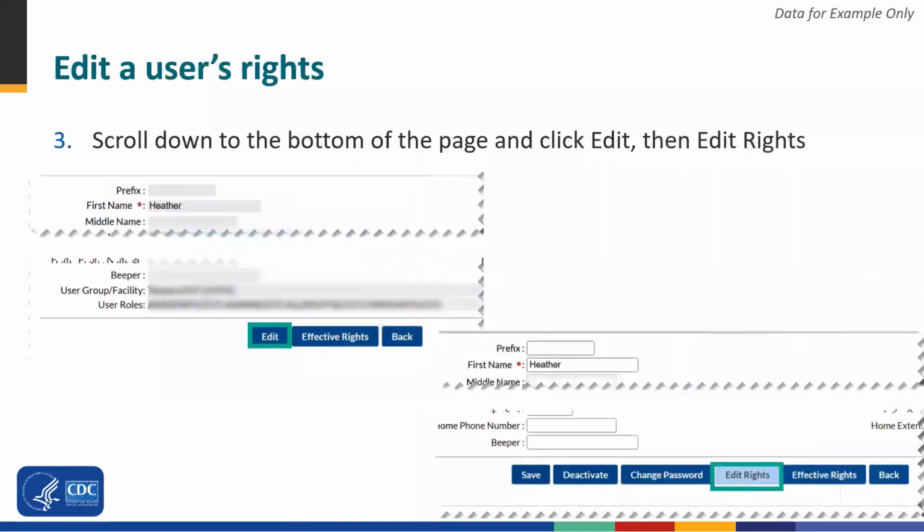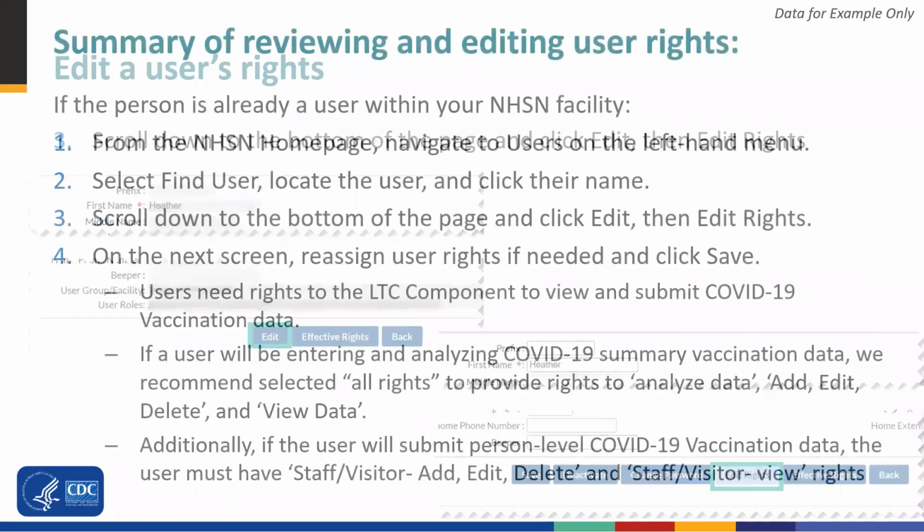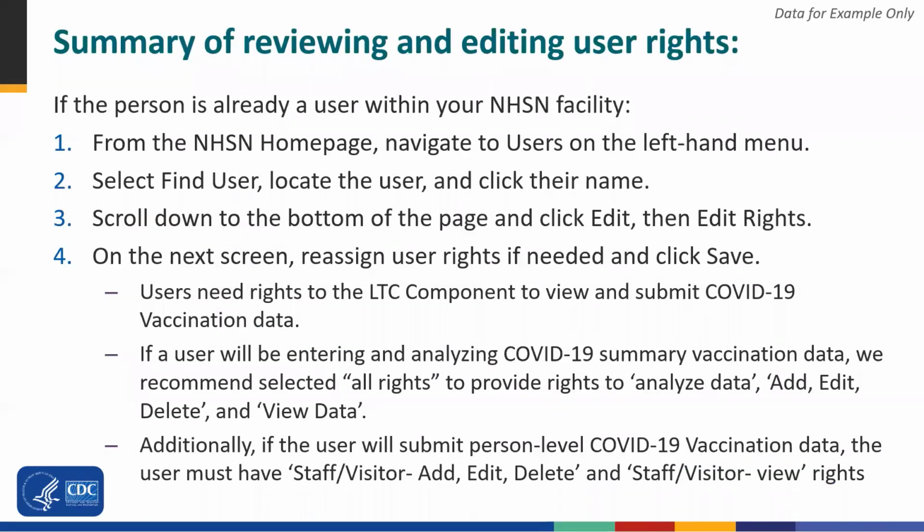And then scroll down to the bottom of the page after you've selected a user and click edit, and then click edit rights. And then after you click edit rights, you'll be able to check these boxes, the staff visitor add, edit, delete, and staff visitor view boxes.